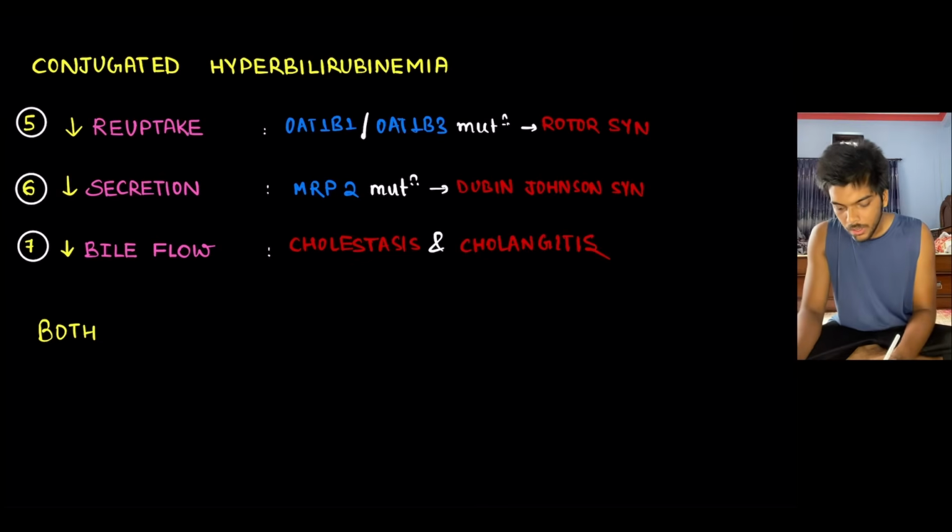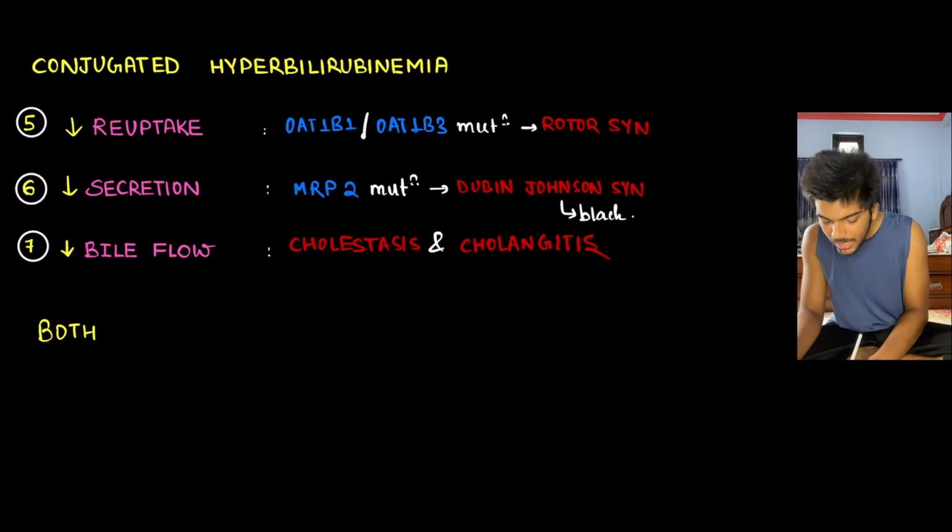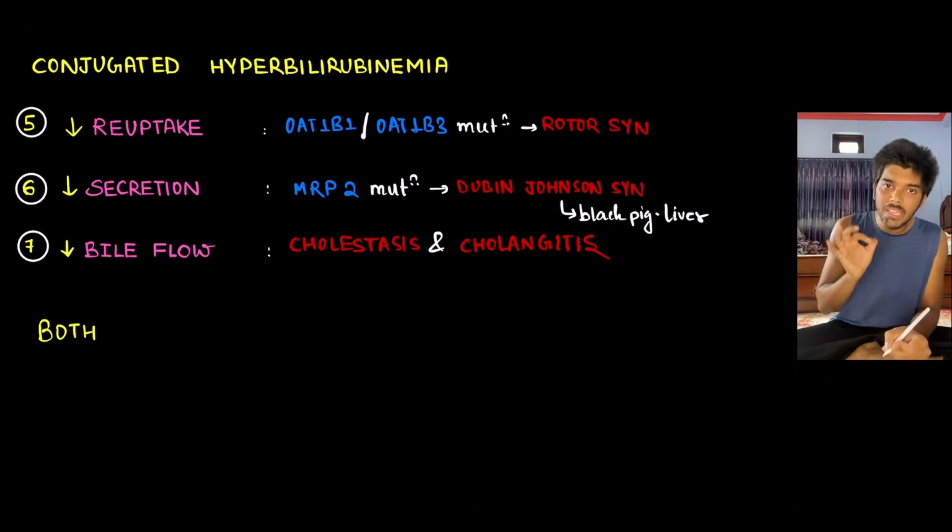All right. Another question: what is the main difference between Rotor syndrome and Dubin-Johnson syndrome? The difference is, in Dubin-Johnson syndrome, the liver is black or highly pigmented. When you do a biopsy of the liver, grossly it is black pigmented.